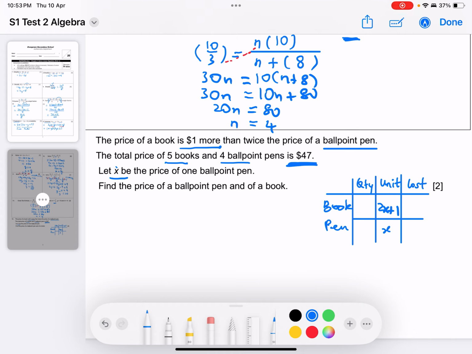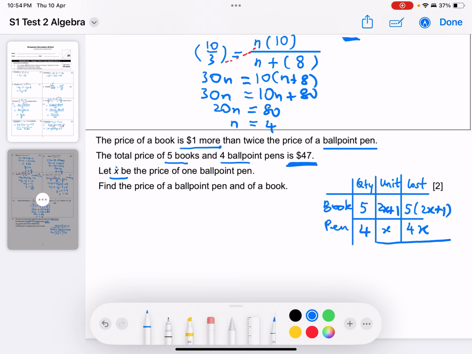Right? So quantity, 5 books. And how many pens? 4 pens. So the total cost of the books will be the quantity times the cost of 1 book. And the pen is, there are 4 pens, 1 pen costs X dollars, so it's 4x for the total cost of the pen.